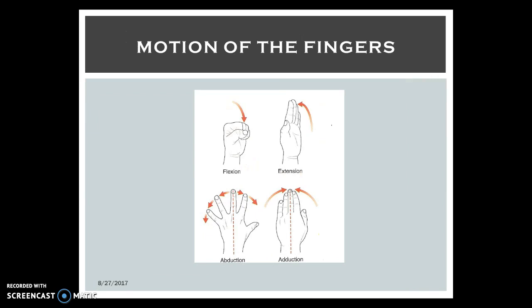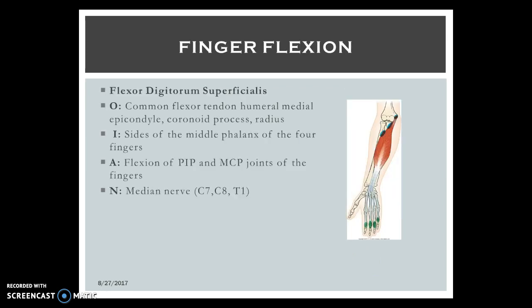Motions of the fingers: you have flexion and extension and abduction and adduction, and again we'll go through this more in class. All the fingers can abduct, but the middle finger cannot adduct. It just abducts in both directions, if that makes sense on a slide.